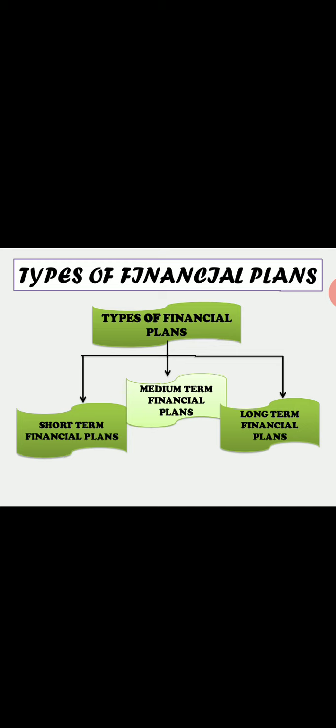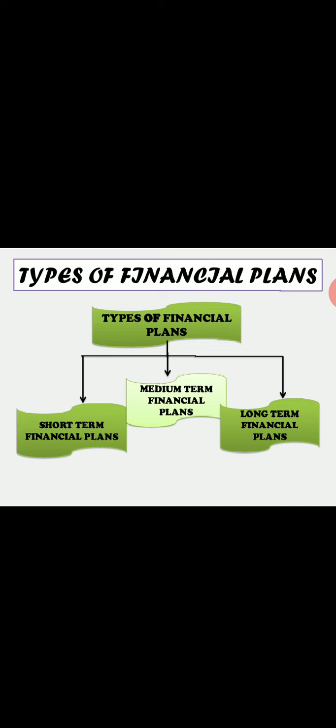So basically financial planning is where you think of sourcing of the funds, that is financing, how you are going to invest, that is allocation, then how you are going to utilize the funds, that is very, very important. Considering all this, you are going to come up with a financial plan. Under that we have three: short term, medium term, and long term.